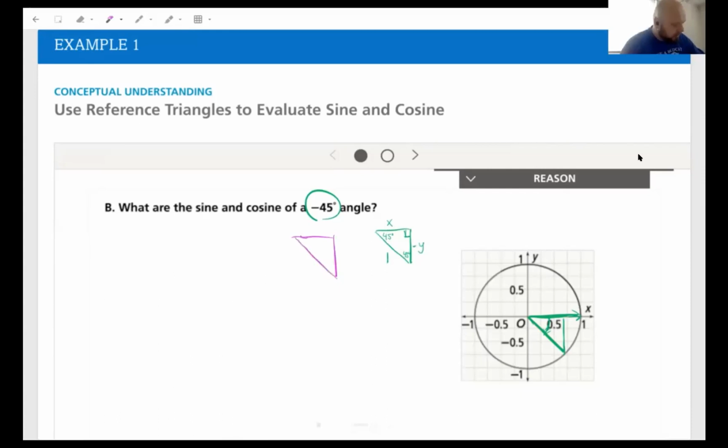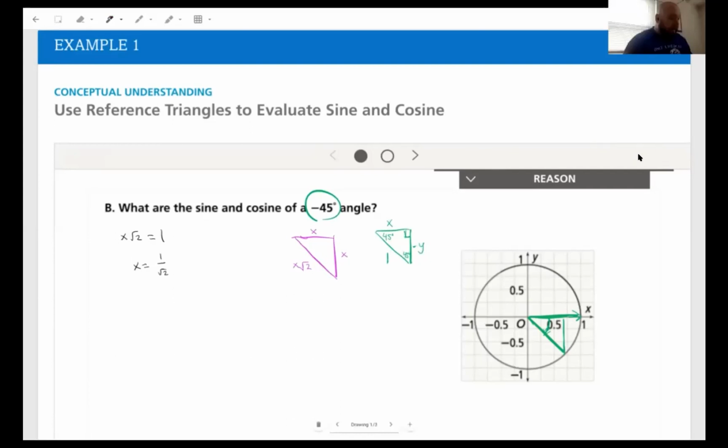This side is x, this side is x, this is x times the square root of 2. So just like we did in part A, we're going to take our sides that we know, the hypotenuse, x times the square root of 2 is equal to 1. We're going to solve for x. That gives me 1 over the square root of 2.